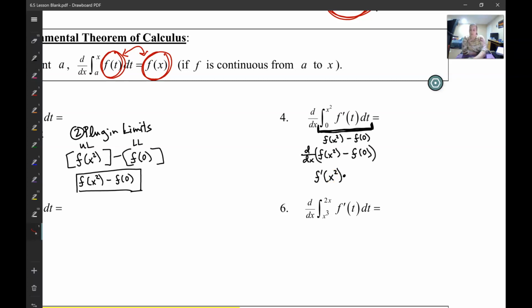So the derivative of the inside is going to be 2x. Minus, that one's still a number, just f of 0, so the derivative of a number is just 0. So then I get f prime of x squared times 2x.